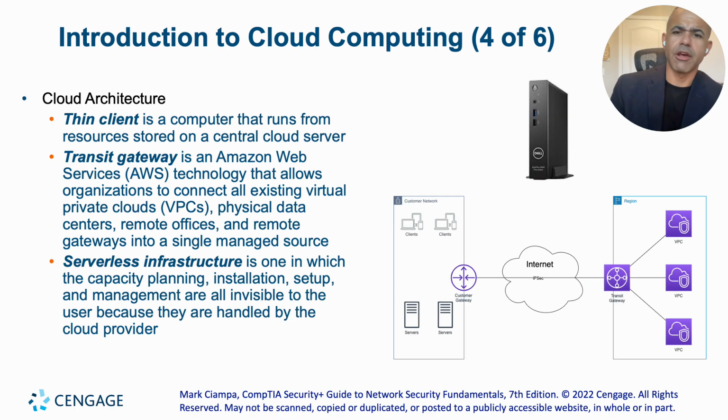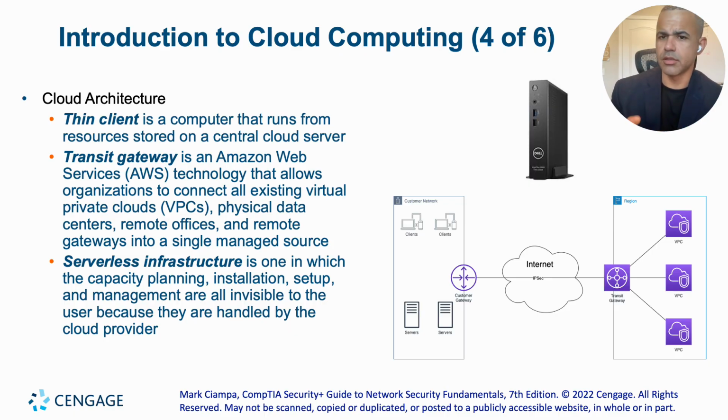Okay. Cloud architecture is made up of a couple of components. The first one is a thin client, something like this little black box right over here. A thin client is a device that has some hardware capabilities, but it is mostly used to connect to the cloud infrastructure and access all of the services, the operating system, everything that's running on it. It doesn't have much in it outside of that connection.